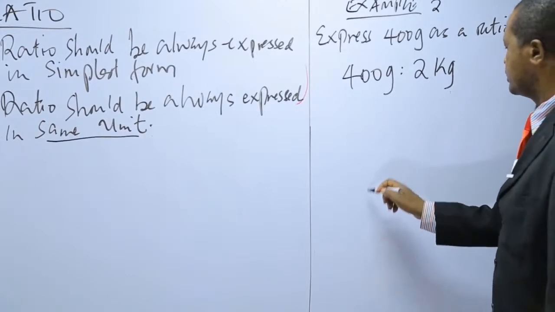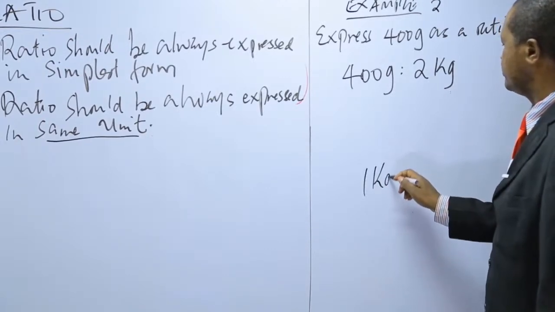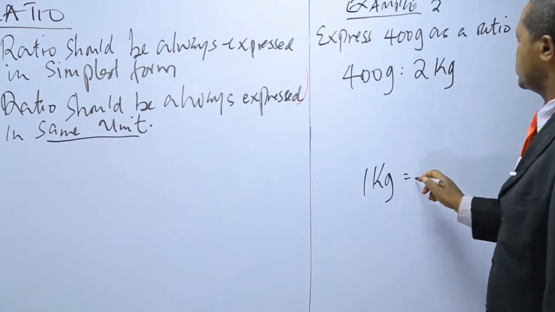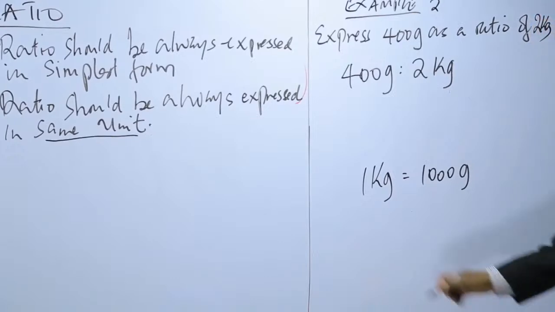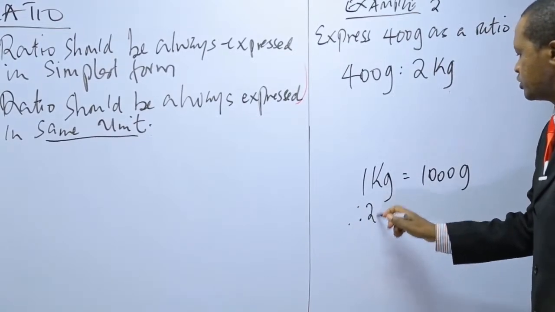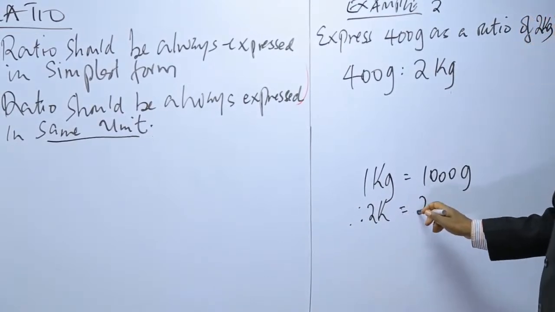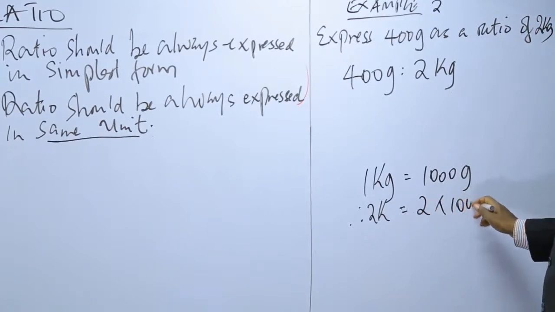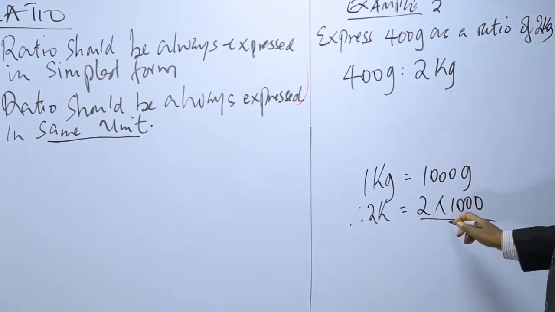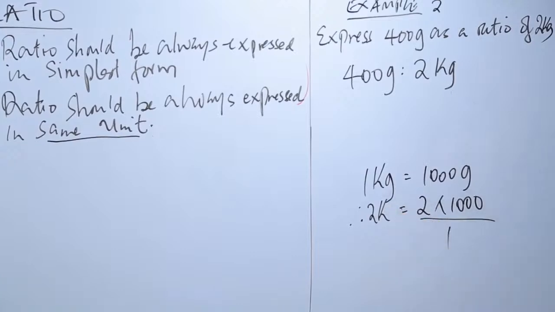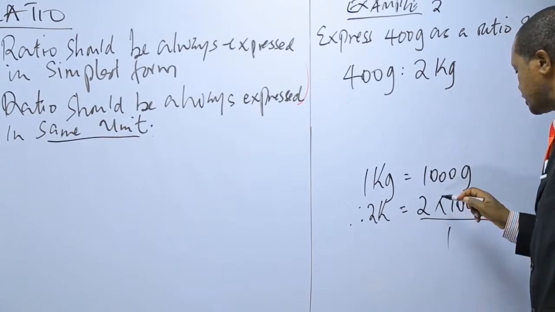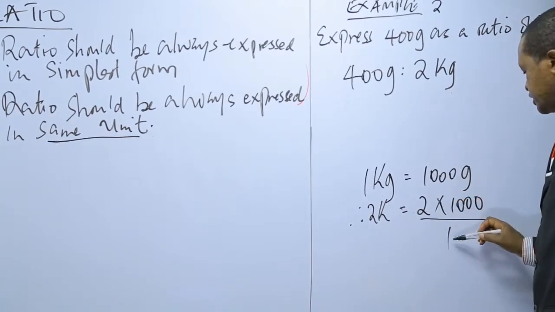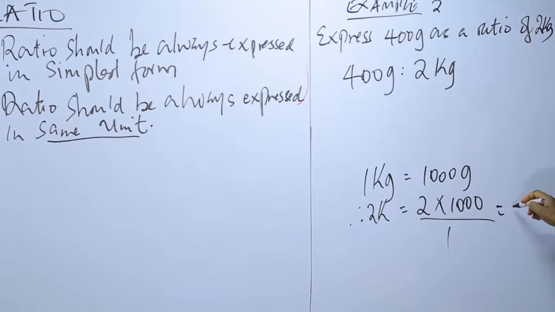We all know that 1 kilogram is equal to 1,000 grams. Therefore, 2 kilograms will be equal to 2 times 1,000 over 1, which is equal to 2,000.